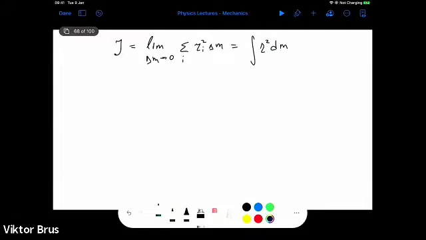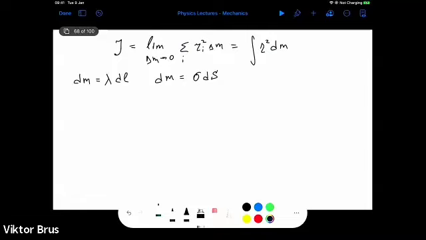So in this case, for the linearly distributed mass, dm is equal to lambda dl, where lambda is the linear mass density. So how many, for instance, kilograms per 1 meter of this rod. Another case, 2-dimensional, when we have some plane, dm can be considered as sigma times dS.